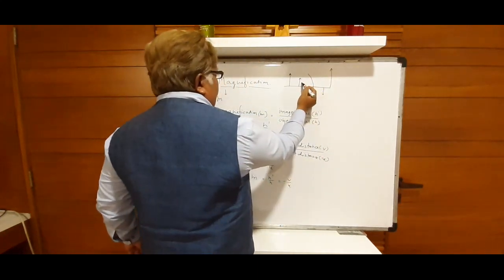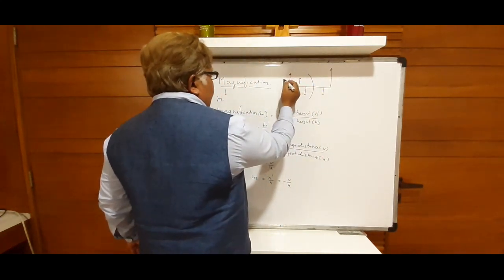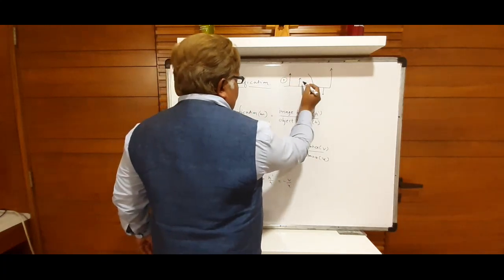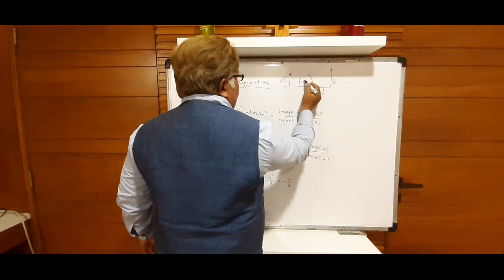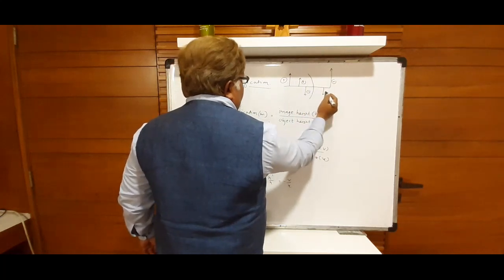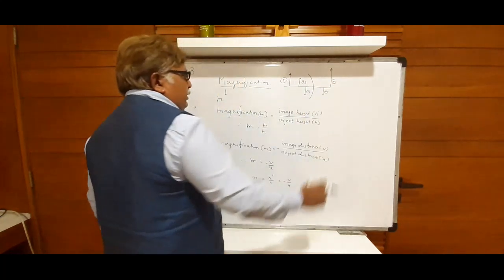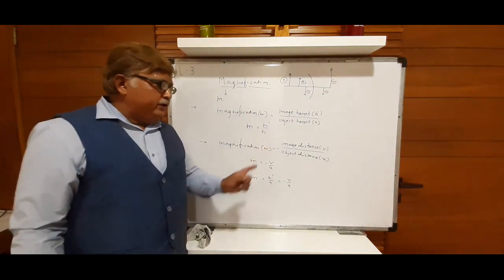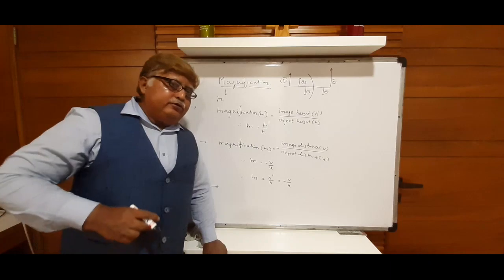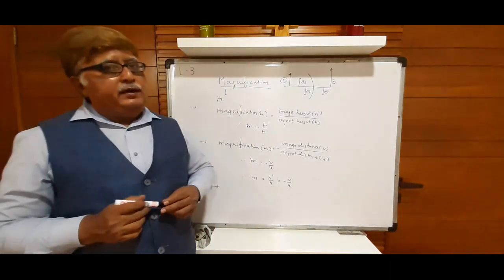So in case of object height, it is always positive, but in case of image height, it can be positive, it can be negative also. Object height is always positive, but there is no certainty about image height.